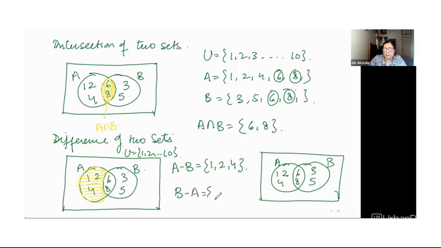B minus A means the set of elements which contains B leaving out A. That means leave out those elements which are shared by A. If we represent it on the diagram, this is the portion which is contained exclusively by B. It is not shared by A, right? So leave out this intersection portion and take the rest of the part of B. That means B minus A is only 3, 5, right? So these are the operations on the set.